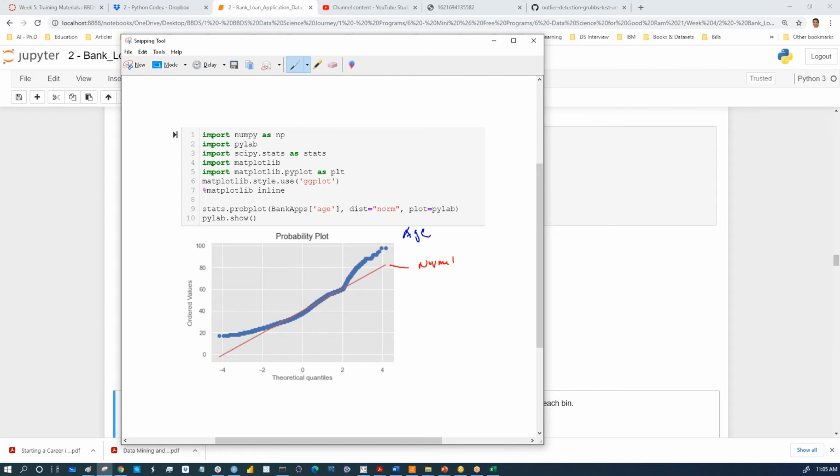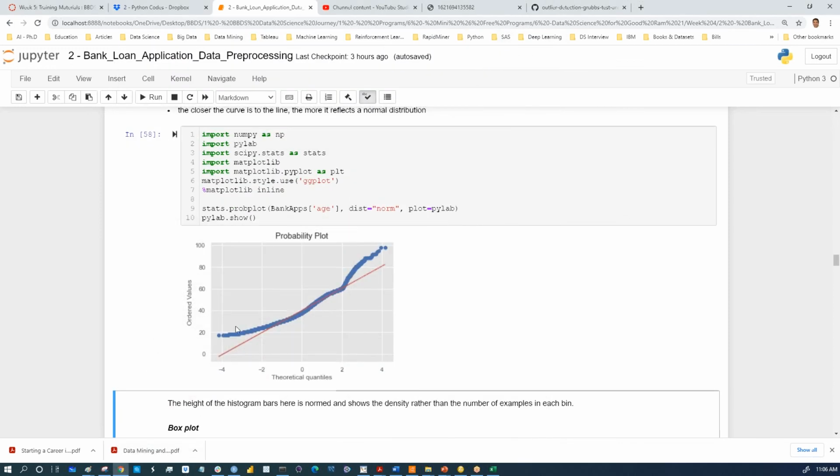It's comparing age with this normality. As you see here, we got a lot of problems in there, and we got a few outliers. So simply this QQ plot tells us that the age is not ready for analysis. So we have to handle it in a way or another.